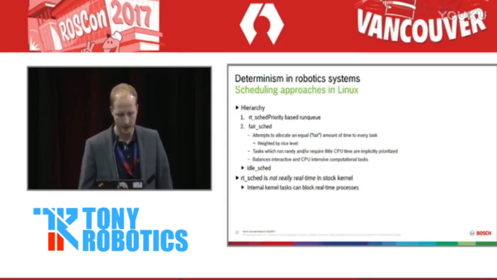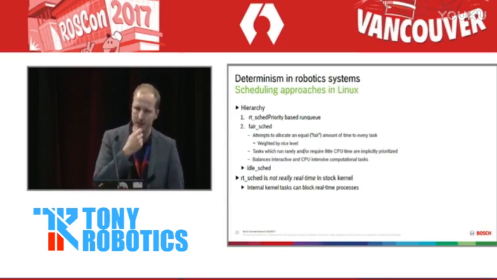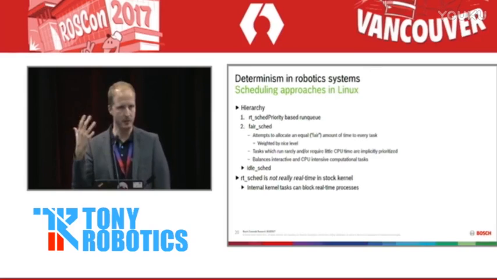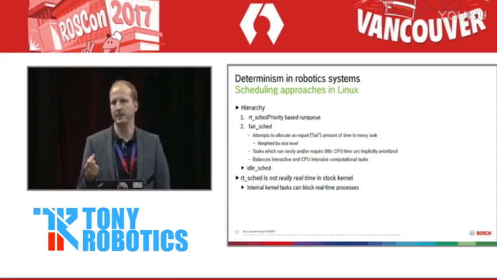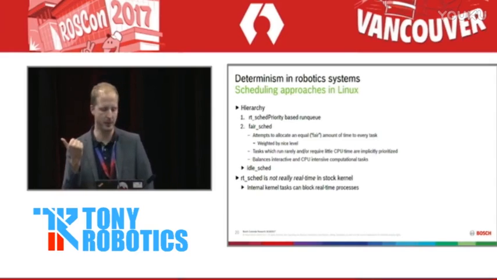Okay. So the next thing up is, most of ROS systems run on Linux. And as we saw, ROS CPP internally has a number of threads already. If you have multiple nodes, we have even more threads. So all of these threads are scheduled by the Linux scheduler. And the Linux scheduler, as you might know, has a hierarchy of scheduling approaches. The highest one is the real-time scheduler, which is a priority-based rank queue.